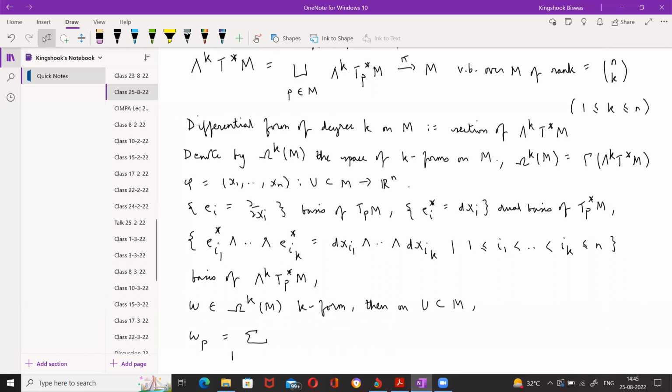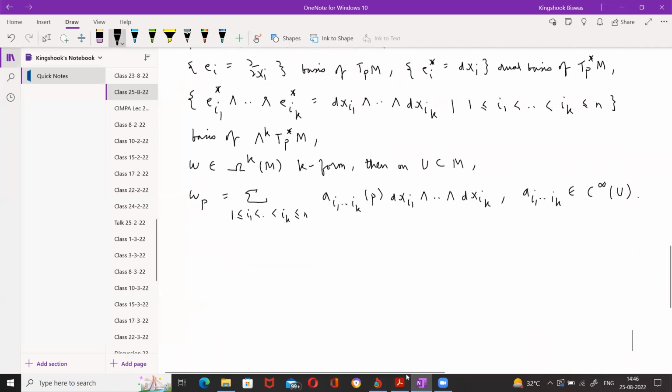This will be a sum over multi-indices i1 to ik in increasing order of some coefficients a_{i1...ik}(p) dx_{i1} wedge up to dx_{ik}, where these functions a_{i1...ik} are smooth functions on U. So this is what a k-form looks like locally.